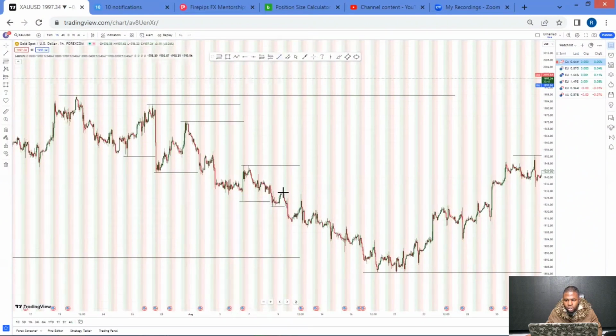And this low created this high. Then this high created this low. This low created a high. High created this low. Low created this high. You see what I'm marking? I'm marking out structure in structure.